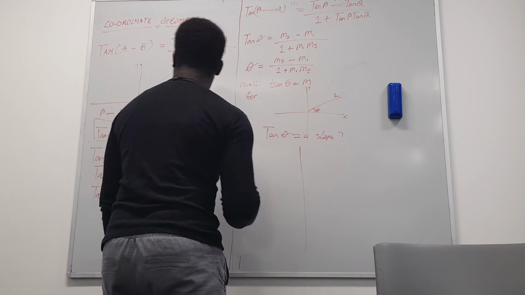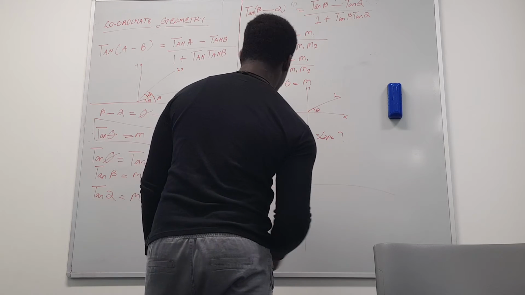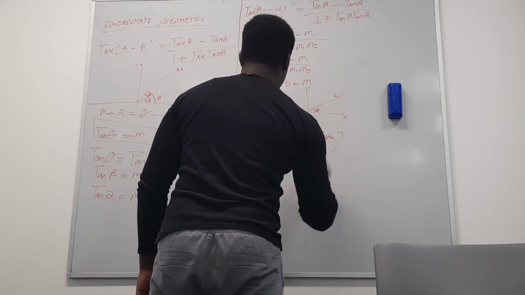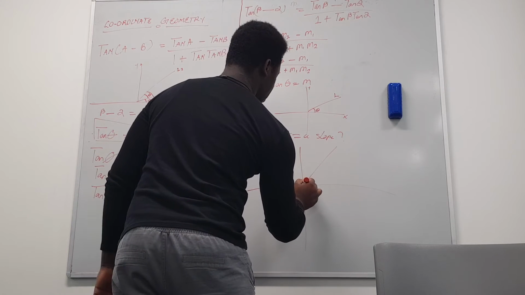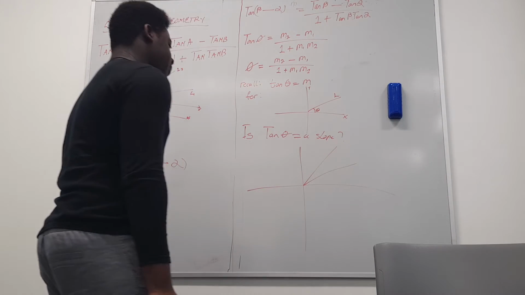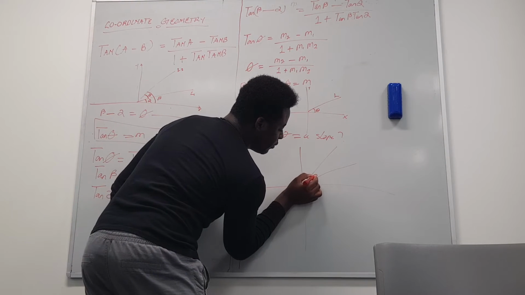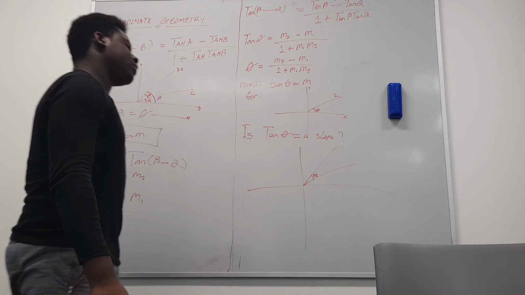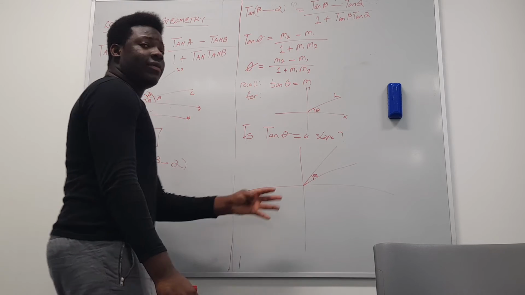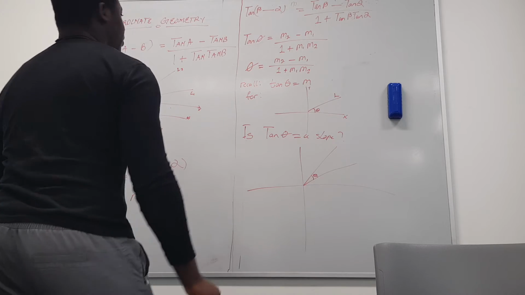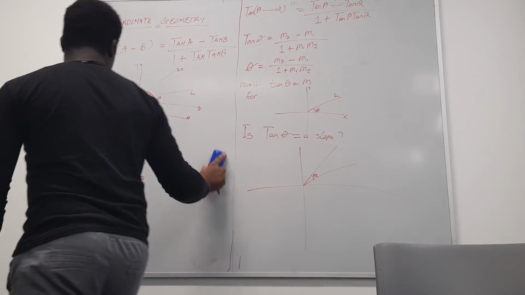This was our original coordinate system that had L2 and L1. This angle here was phi. Let's disregard the other angles. But tan phi will be a slope. I guess I have to redraw, because I need more space.